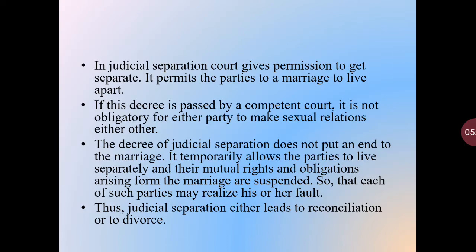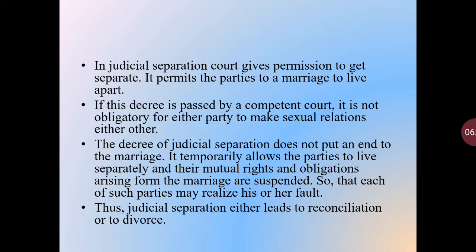In judicial separation, the court gives permission to get separate. It permits the parties to a marriage to live apart. If this decree is passed by a competent court, it is not obligatory for either party to have sexual relations with each other. The decree of judicial separation does not put an end to the marriage.